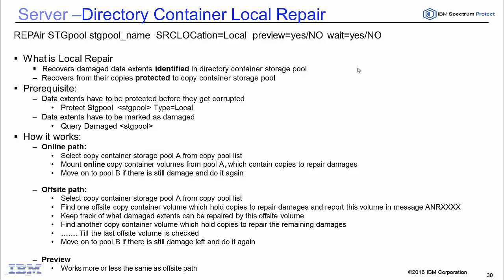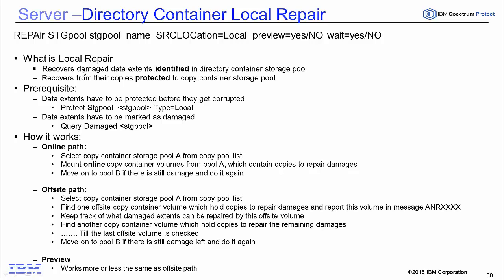If your directory container becomes damaged and you need to repair it from the container copy pool out on tape, you can do this: repair storage pool, the storage pool name, source location equals local, and then you can choose if you want a preview and await option.